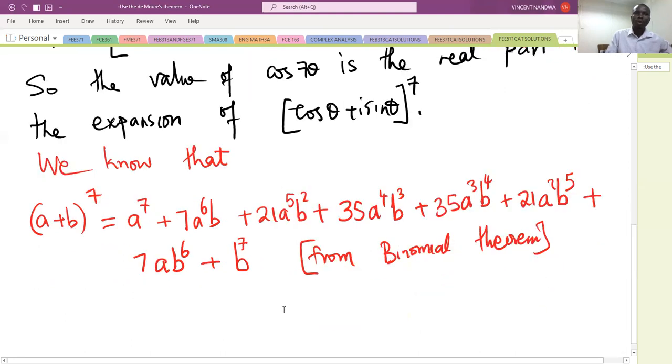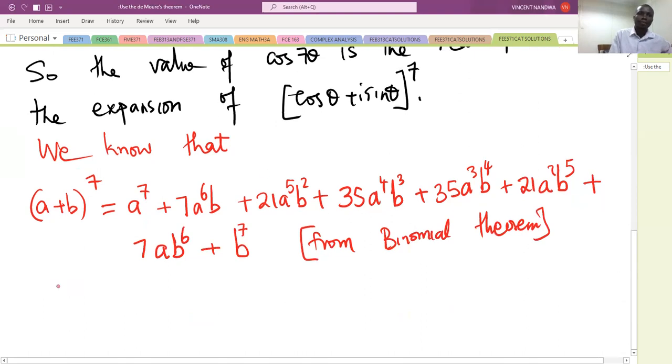So we are going to use the same expression where A is cos of theta and B is I sine theta.